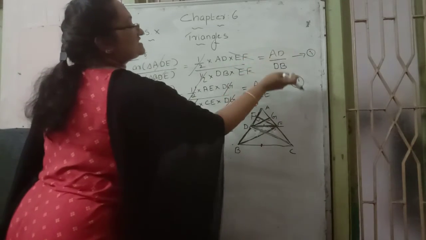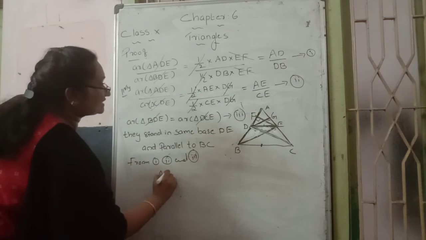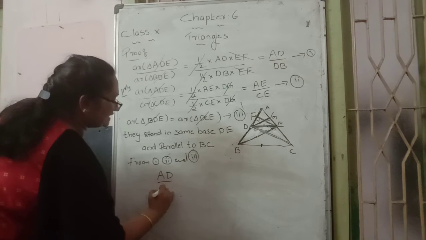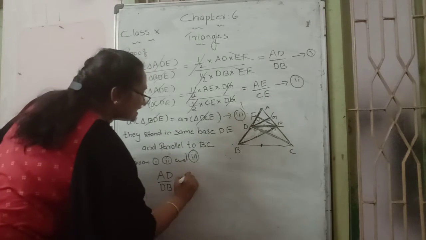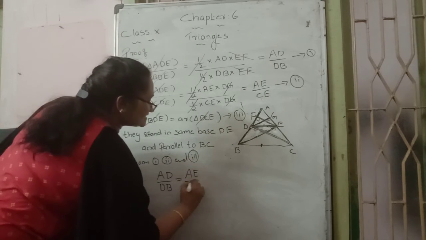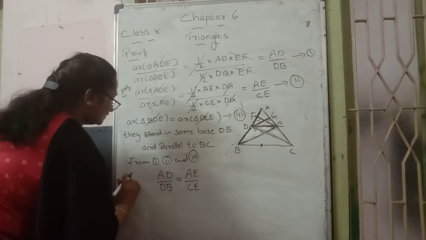Then, from the first and second equations, what remains is that AD by DB on the right side of the first equation is equal to AE by CE of the second equation.